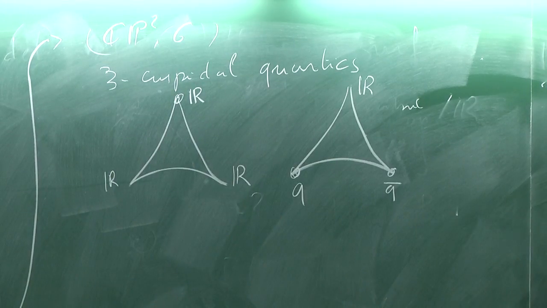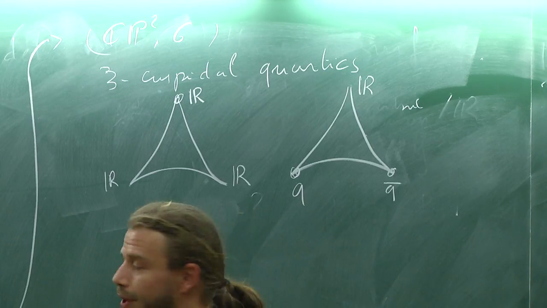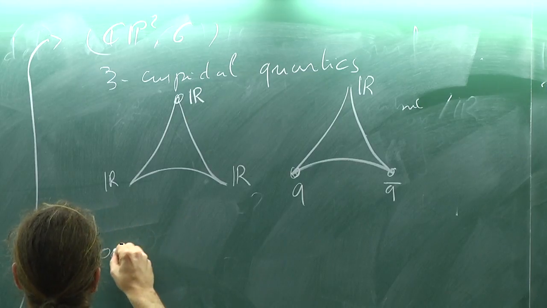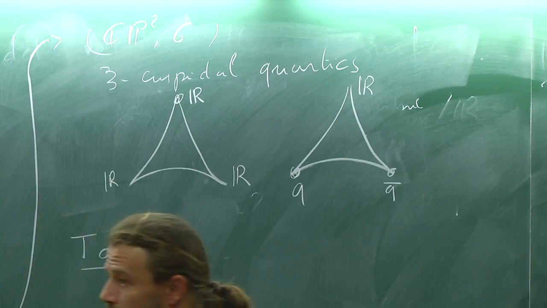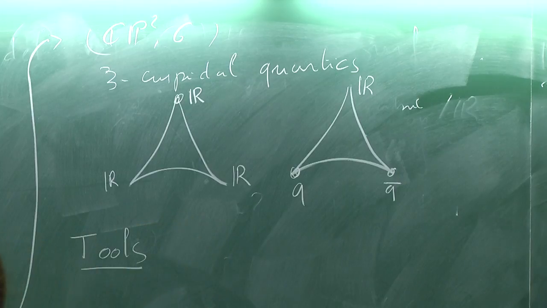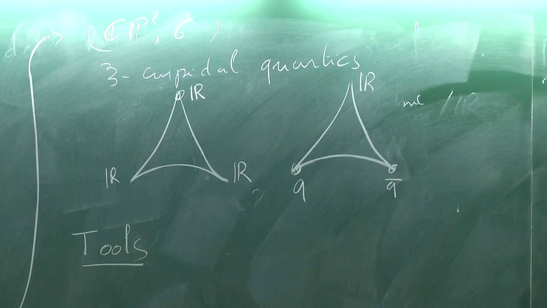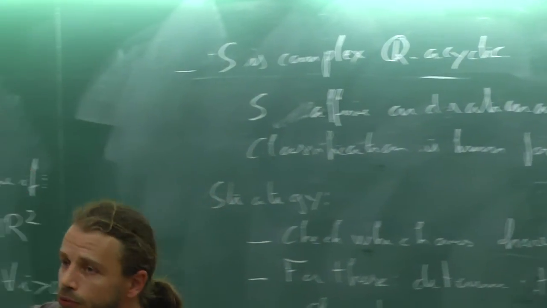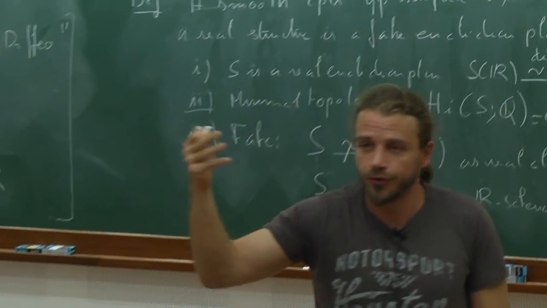So the tools we have to attack these things, well, there are mainly topological ones. So, the idea of the tools. Whenever we have a real affine surface, we can complete it into a smooth real projective surface.